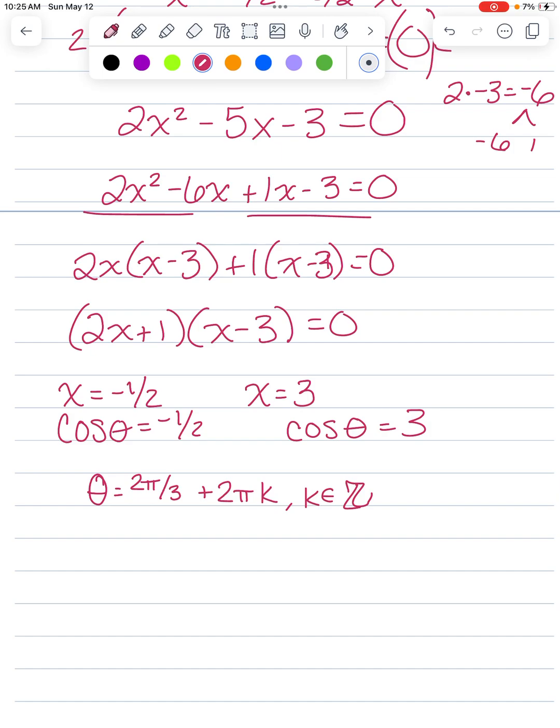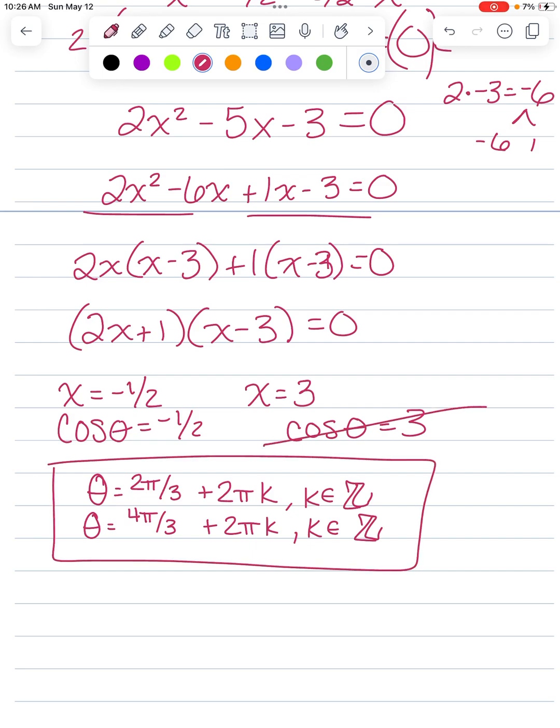Yes, I plugged these back in. Yes, they work. Okay, cosine is also a negative 1/2 at 4 pi over 3 plus 2 pi k, where k is an integer. Ow. And cosine will never be equal to 3. So that's our final answer.